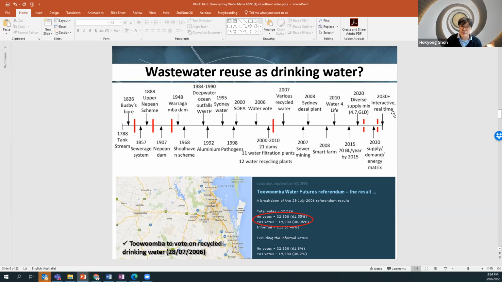The main difference is that with seawater desalination, you're happy to put it into your drinking water pipeline and just drink it directly, even seawater desalinated water. But recycled water, you cannot put into your water supply pipeline. That's the reason why it has been very difficult to convince people, and we are still using recycled water only for non-potable purposes.